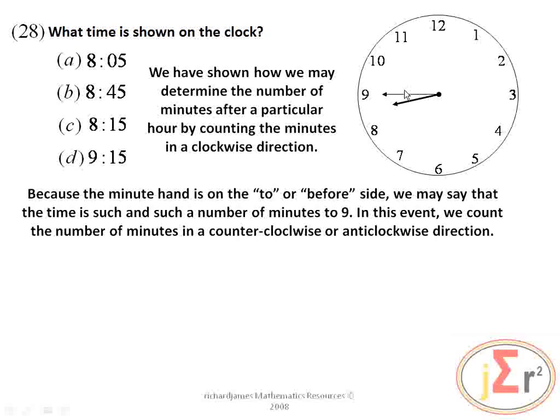So the minute hand is on this side, which is the to side. Therefore, we are going to say the time is a particular number of minutes, not after 8, but to 9, because we are in this region of the clock. So instead of saying after 8, we say to 9.